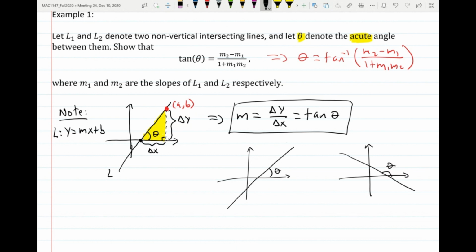This is an angle that is in quadrant 2, then the tangent of this angle is negative because it's in quadrant 2. So the slope is negative. And that's why when you have a negative slope, the line is going down. Now you can analyze it from this point of view, okay? So this allows you to find the angle of a line by just looking at the slope. The slope is the tangent of the angle.